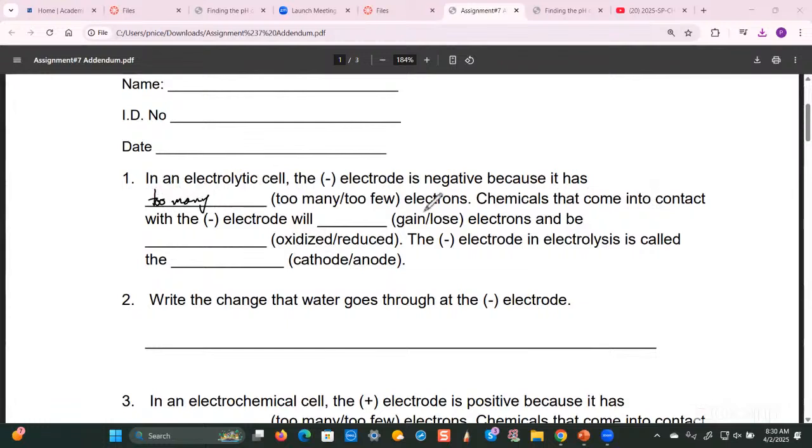Okay, chemicals that come into contact with the negative electrode, is it gain or lose electrons? Gain, exactly. And B, is it oxidized or reduced?